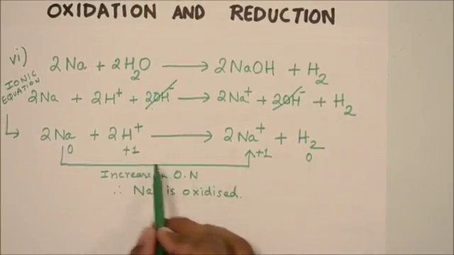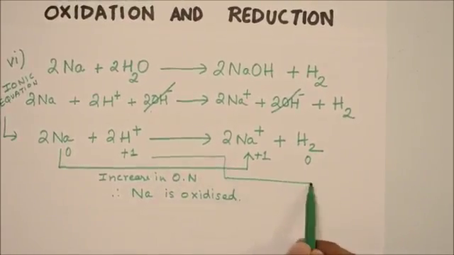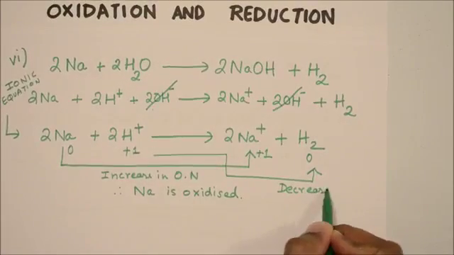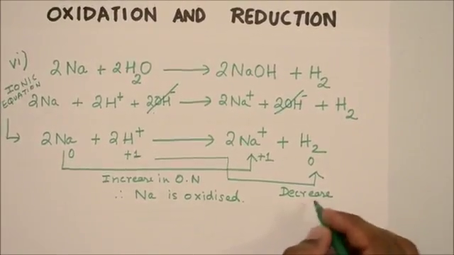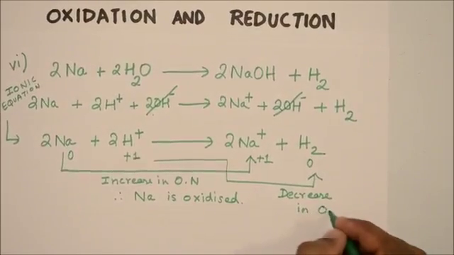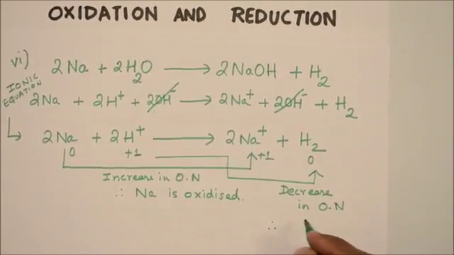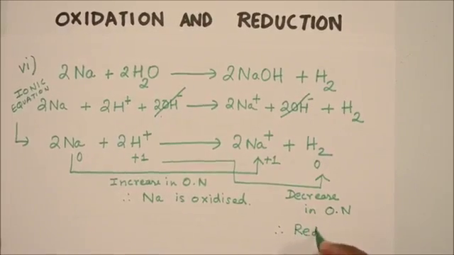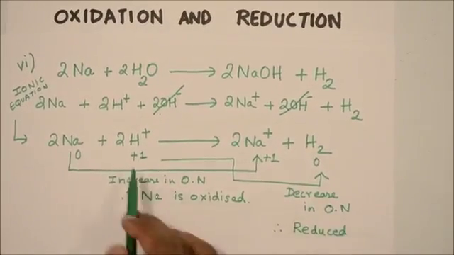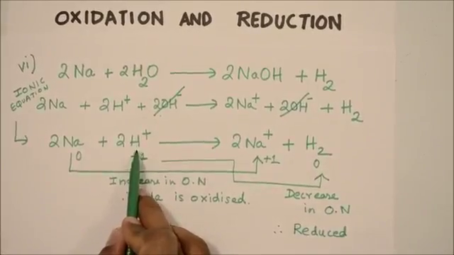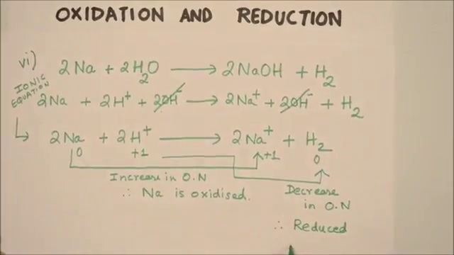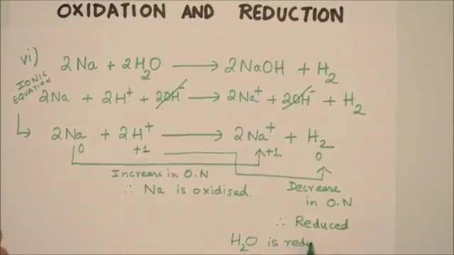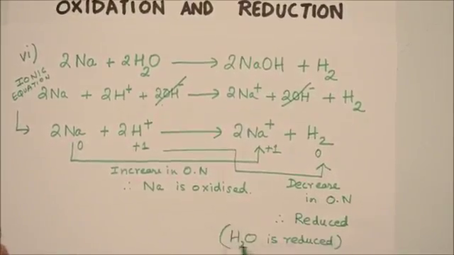We already found out sodium is oxidized, but if you check the ionic equation, H+, we see that the +1 from the left hand side is reduced to 0 on the right hand side. Therefore, there is a decrease in oxidation number. Therefore, water becomes the one which is reduced. So reduction is happening on water. So sodium is oxidized and water is reduced.